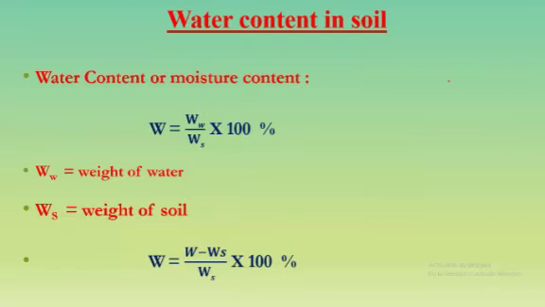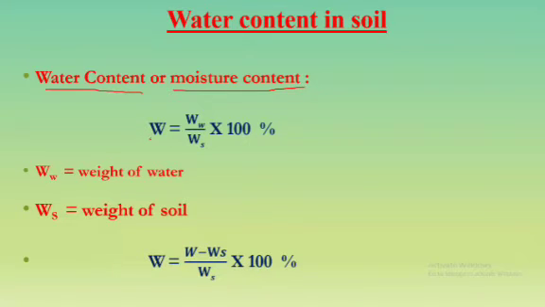Now what is the water content in soil? In the soil there is always some amount of water and also some amount of air. This amount of water is nothing but the water content or moisture content in soil.